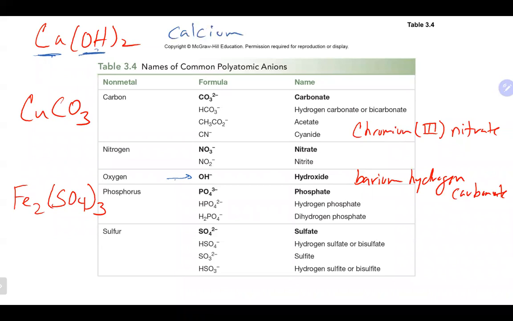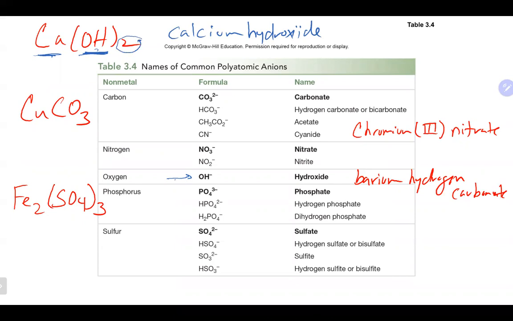And again, the polyatomic ion here is just like a normal type 1 compound. We just use the name of it, and that would be hydroxide. It should be two words, I kind of squished them together there, but it should be calcium hydroxide. Once again, the 2 here has no effect on the name.